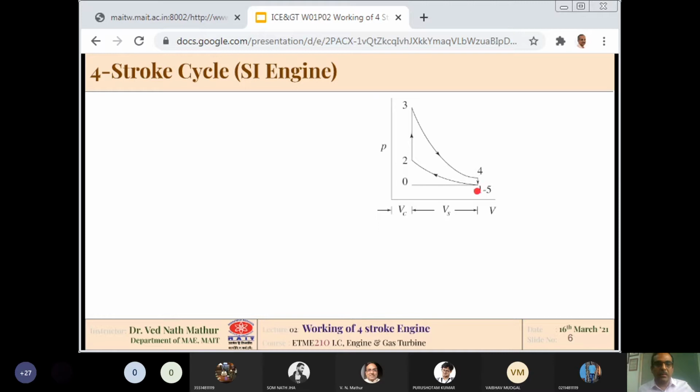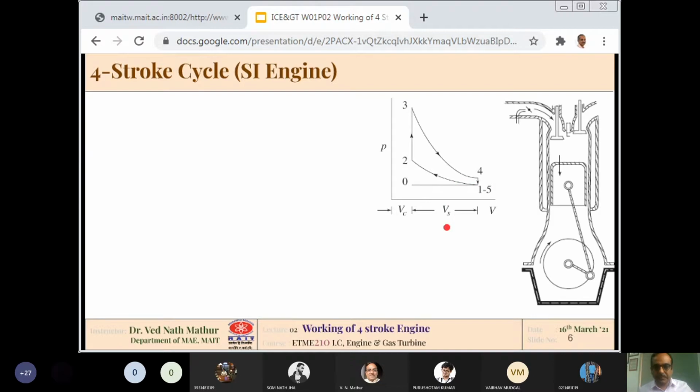Now, since we are not recirculating the fuel, there is a suction of the charge and exhaust of the charge, which is represented by the 0-1 and 5-1 lines also. So this additional line represents suction and exhaust of the charge from the engine.